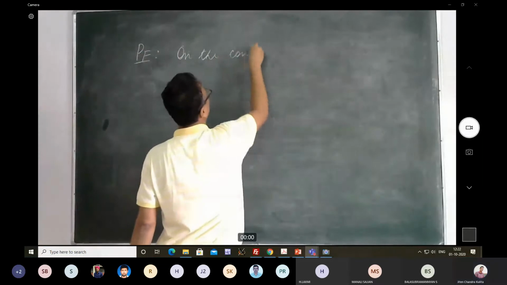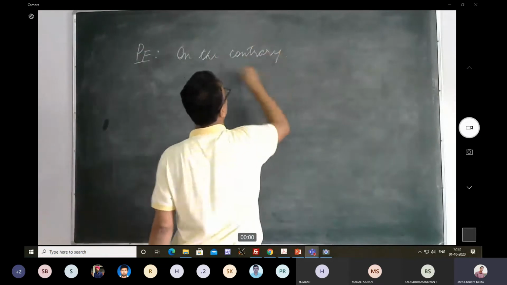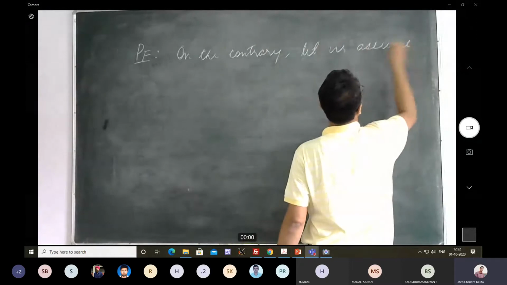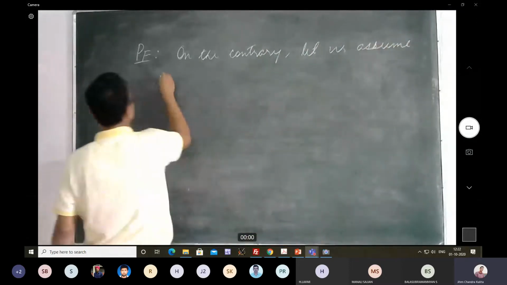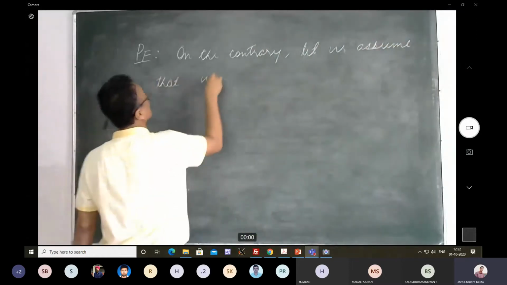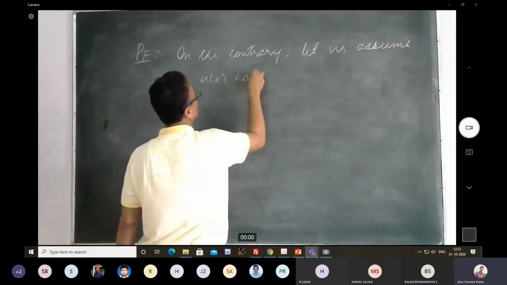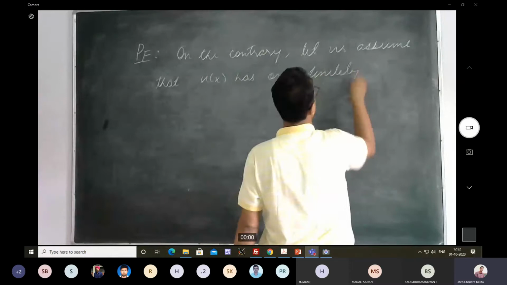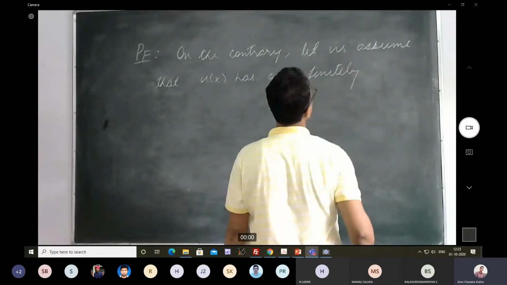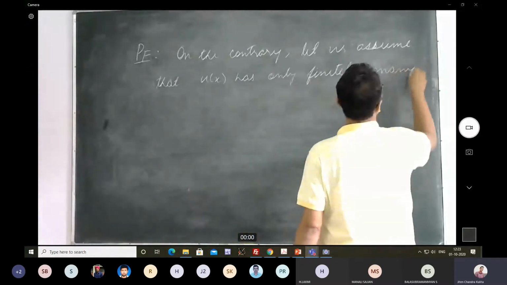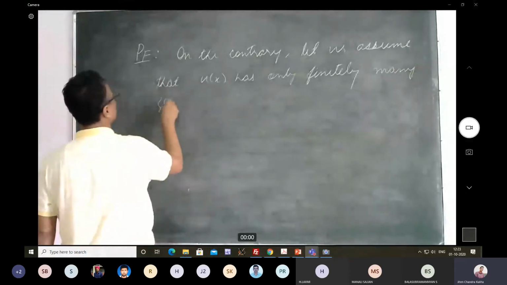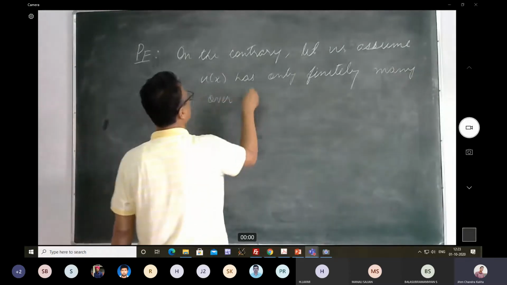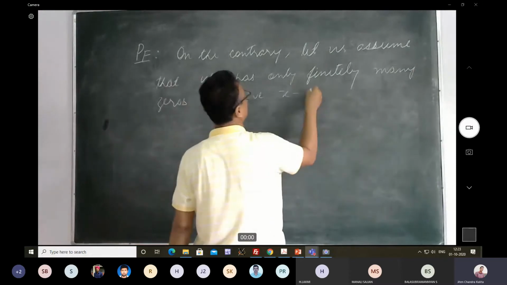On the contrary, let us assume that u(x) has only finitely many zeros over the positive x-axis.